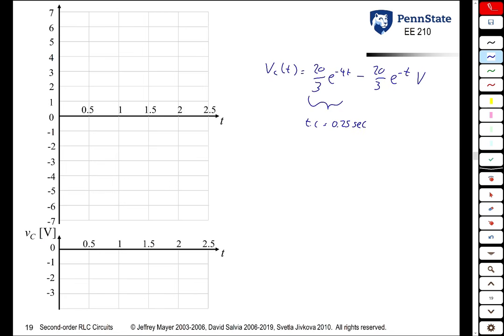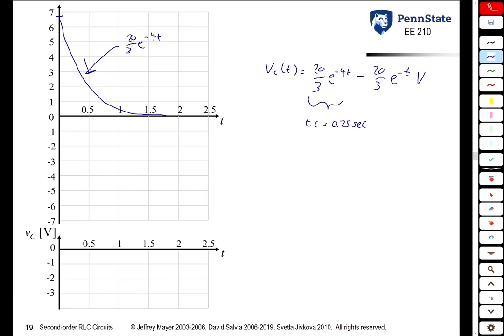It's going to start at 20/3, and it's going to decay to 0, and it's going to take 1.25 seconds to get there. So this is what 20/3 e to the minus 4t looks like.